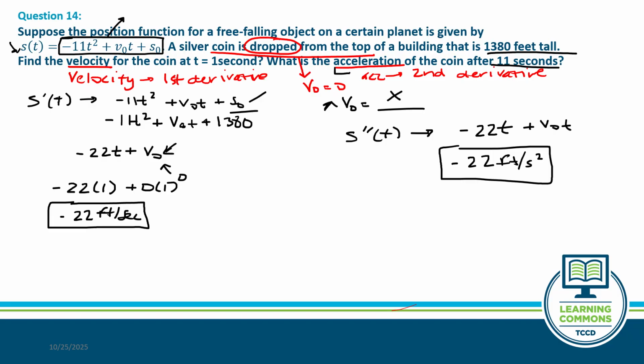The acceleration will change, the velocity will change, there will be something that will be different. But really all you need to know is that velocity is first derivative and acceleration is second derivative, and you guys can do those really, really easy. I don't think it's going to be a hard question for this. I think it's just for her to test if you understand how position formula works and velocity versus acceleration.